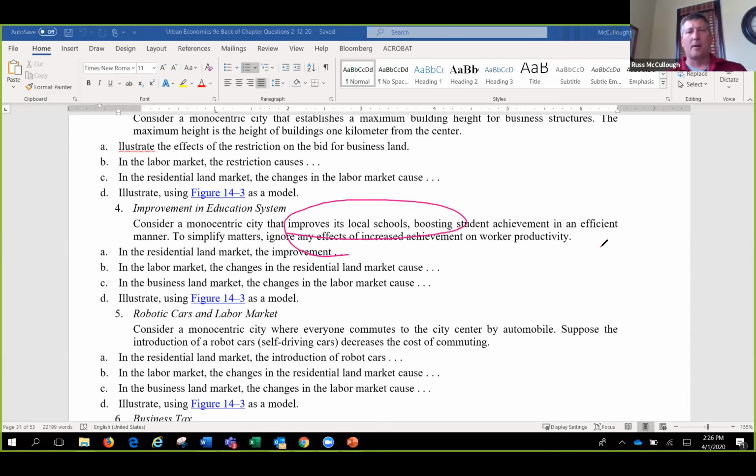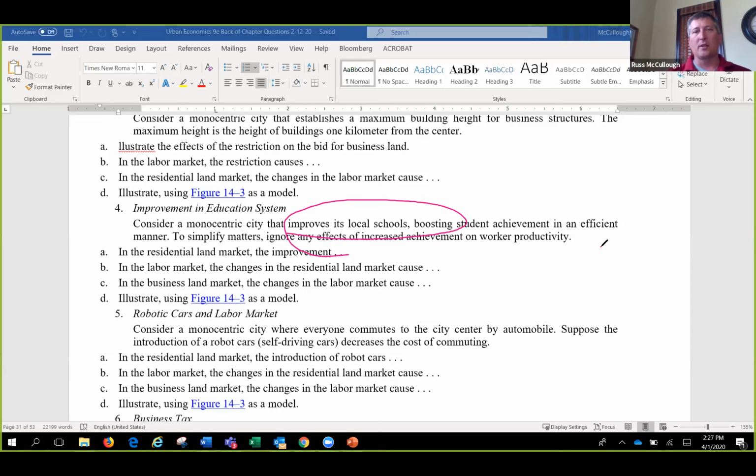So the way to think about it with this model is that that's a benefit, right? And so people are willing to pay. There's a value to that benefit. And so people are going to bid up that residential land where the school system's better. They might come from another city or something else, right? We're not really getting into where these people are coming from, but some sort of migration maybe or something else.